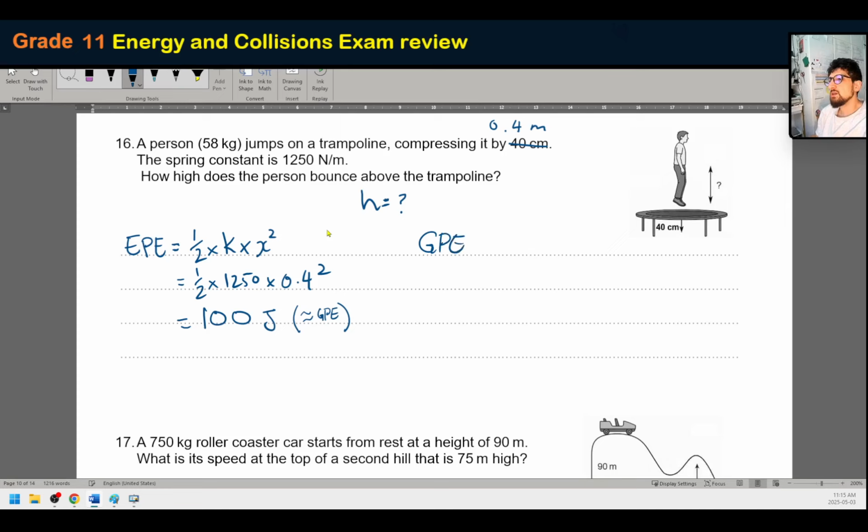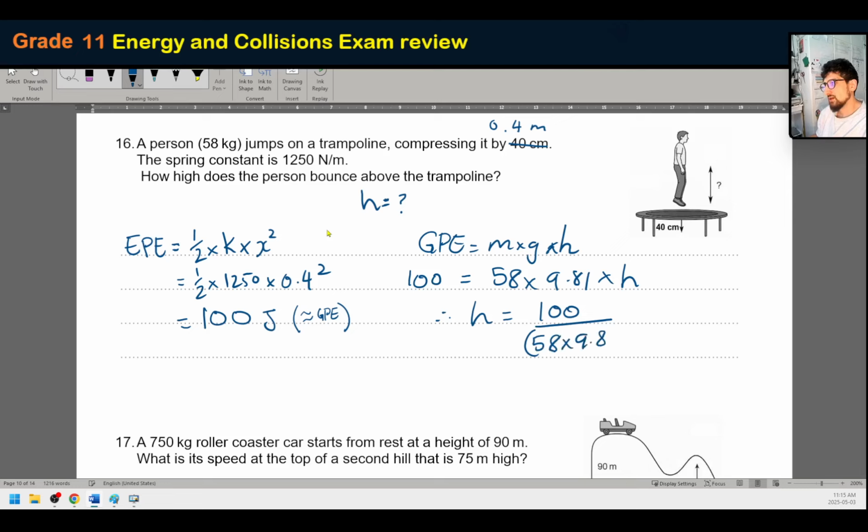So GPE is going to be equal to mass times gravity times height. So 100 is equivalent to 58 multiplied by 9.81 multiplied by the height. So obviously, the height is going to equal 100 all over 58 times 9.81.